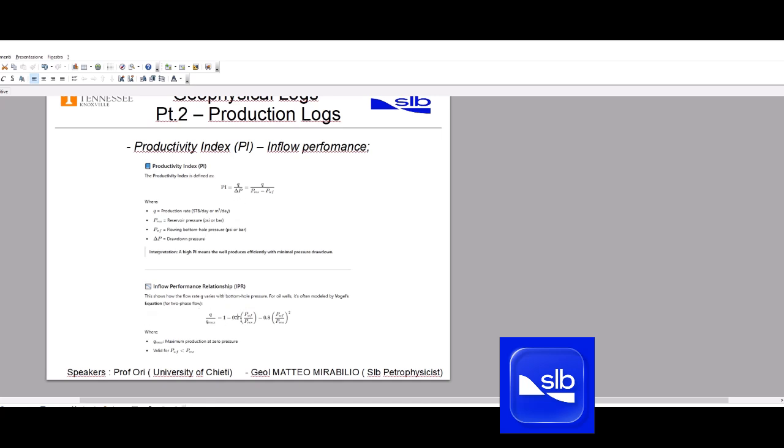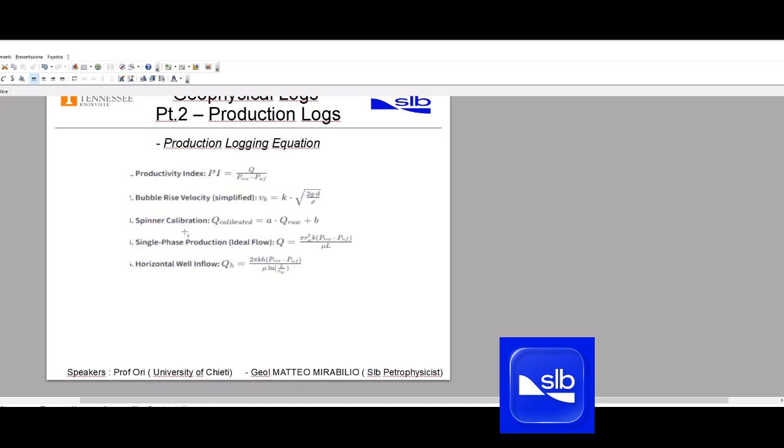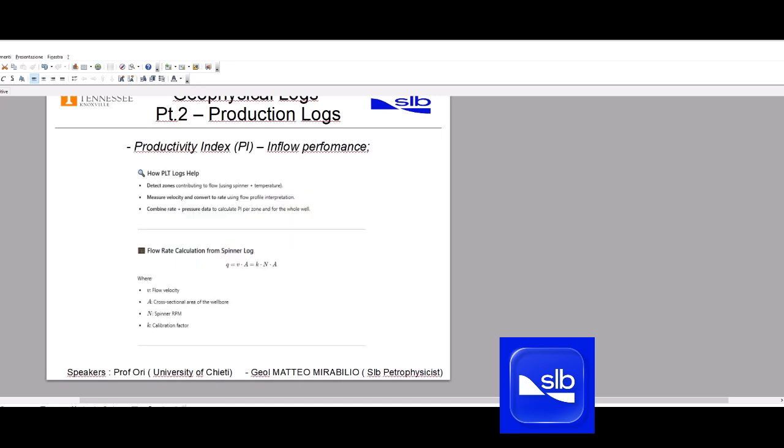It's clear we convert to rate with this formula. And so we also have the flow rate calculation.